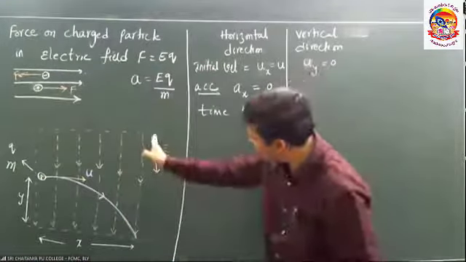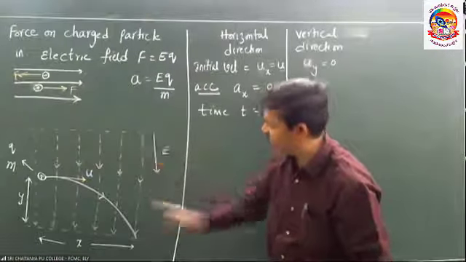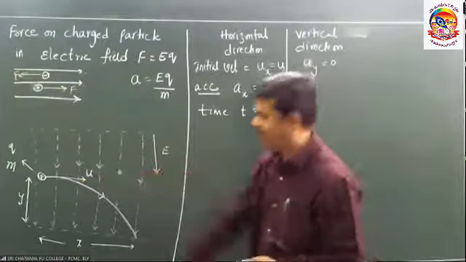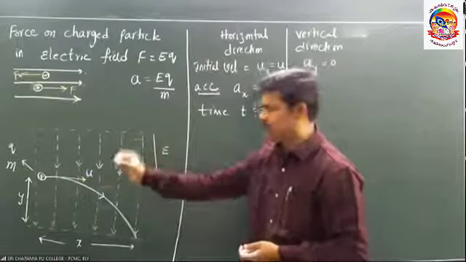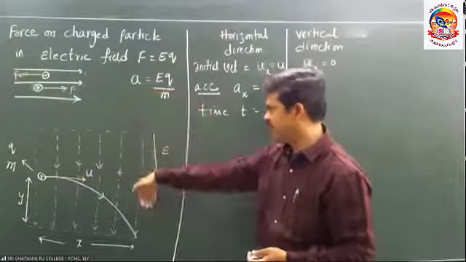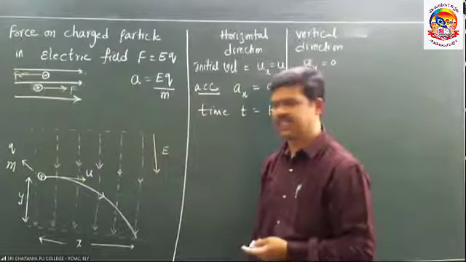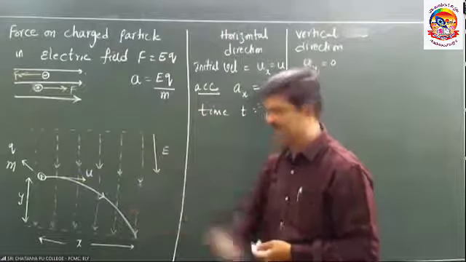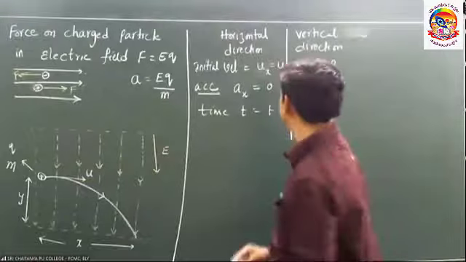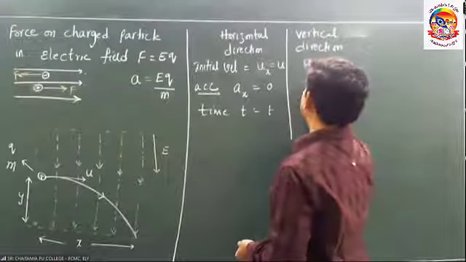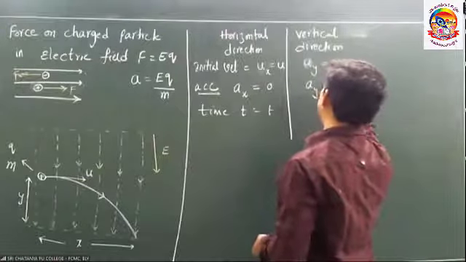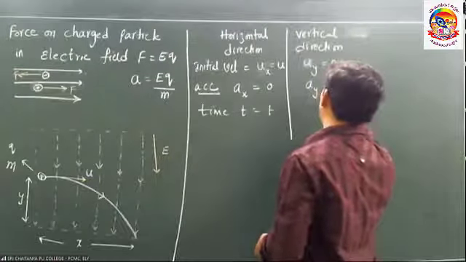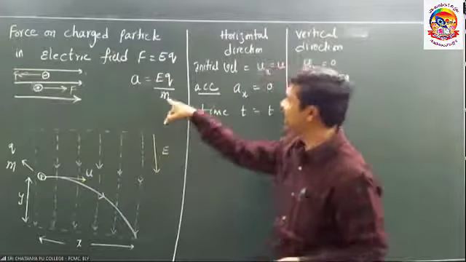In vertical direction, what is the acceleration? See, in vertical direction, electric field is acting on a charged particle. What is the charge? Positive. On a positive charged particle, field is acting in this direction, so it experiences force in this direction, and acceleration is also in this direction. So acceleration ay, due to electric field, already we know, is eq by m.